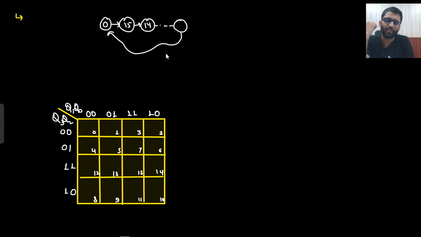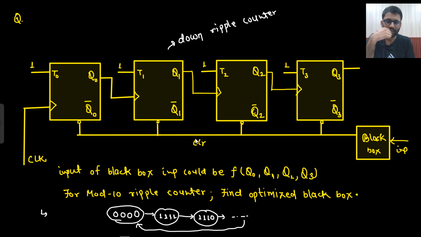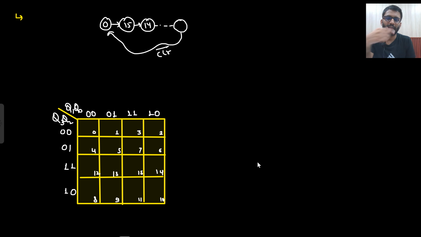So how am I down counting? From 0 to 15 to 14, and in this manner this will be my last state that I don't know, and then I am using the clear input so that I would go to 0. And is it clear or clear bar? It is clear bar actually. This is your clear bar.